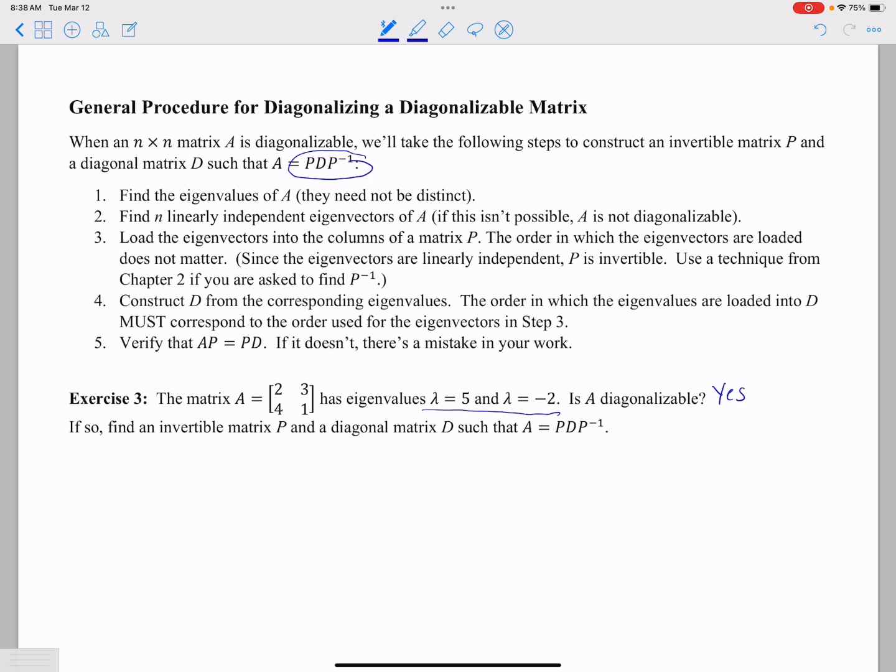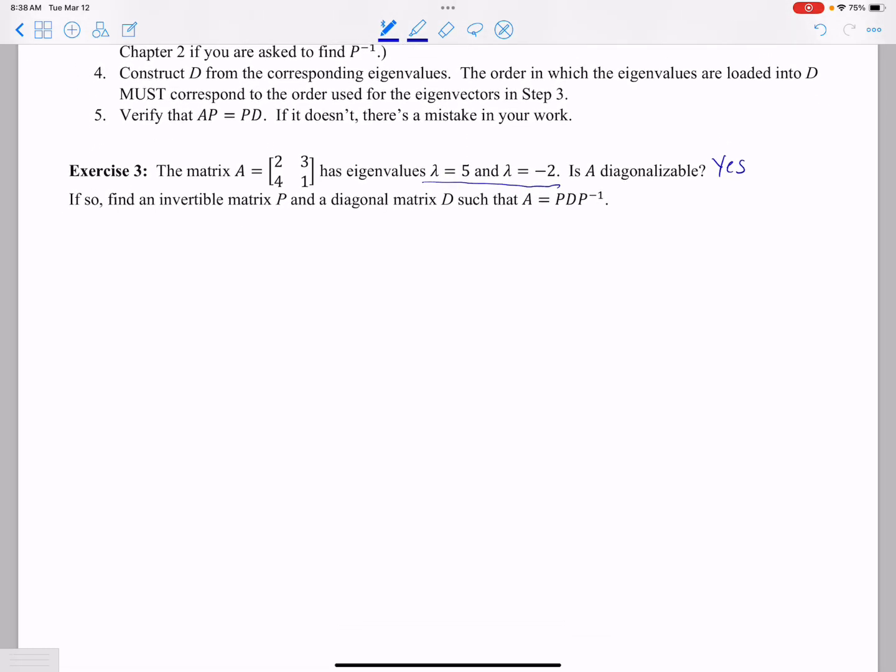In order to find the matrix P, I'm going to find the eigenvectors that correspond to that. So eigenvectors are from doing A minus lambda I x equals 0.